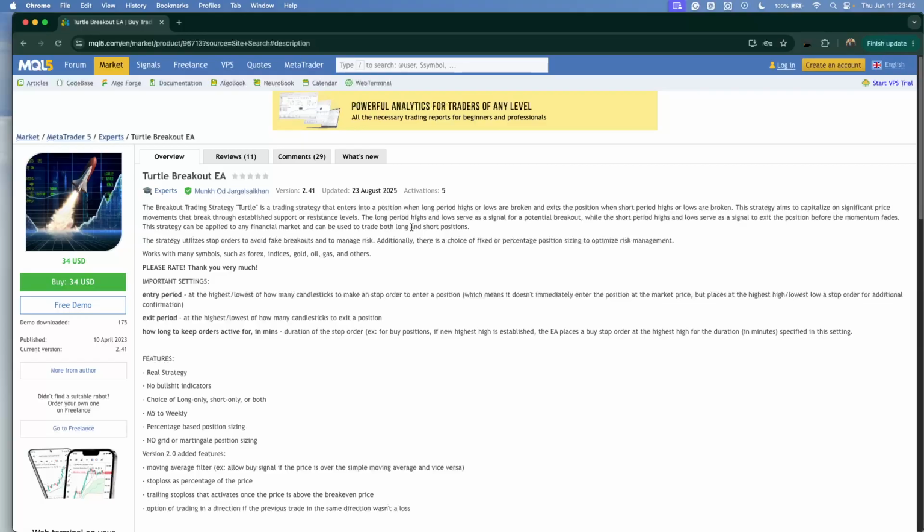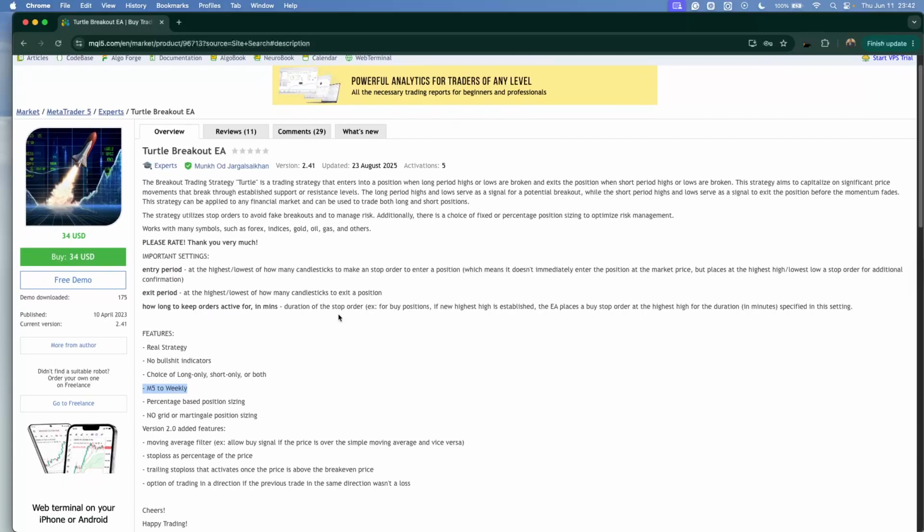And it works on many symbols including Forex, indices, gold, and more, from 5 minutes up to weekly time frame. And there's no grid, there's no martingale, it's pure price action breakout. They highlight stop orders to avoid fake outs. Also, the choice of long only, short only, or both directions if you want.